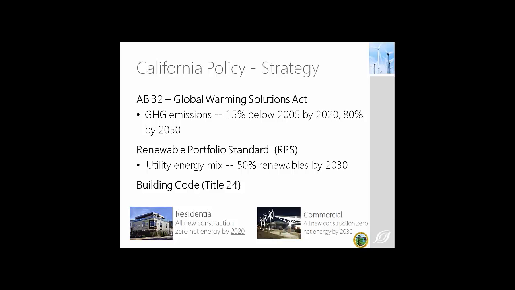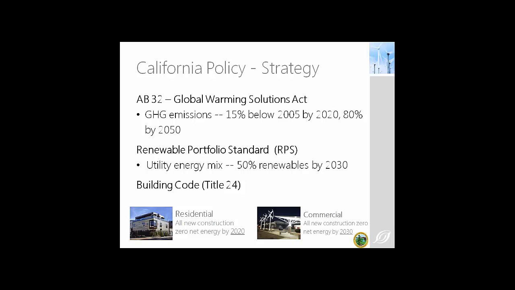So originally the goal was to be 15% below 2005 emissions by 2020, and recently at the end of 2015, that goal was upped to 80% below 2005 levels by 2050. We also have the Renewable Portfolio Standard, which requires that all utilities in California have at least 50% of their energy portfolio to be renewables by 2030.